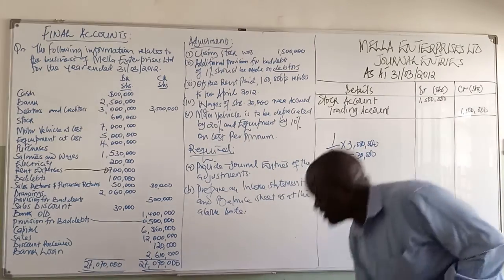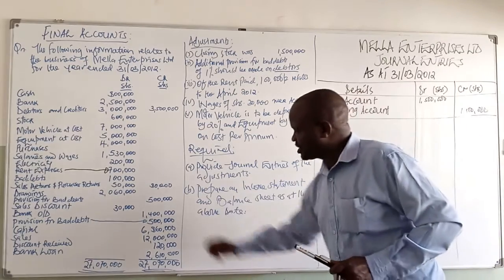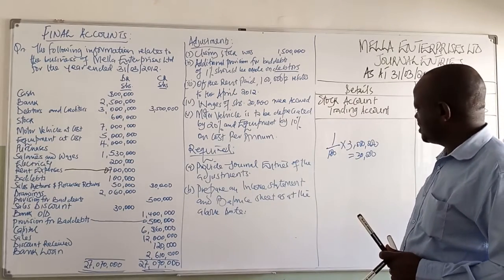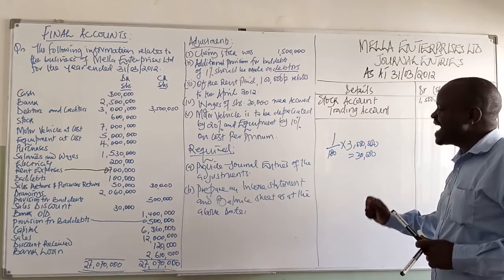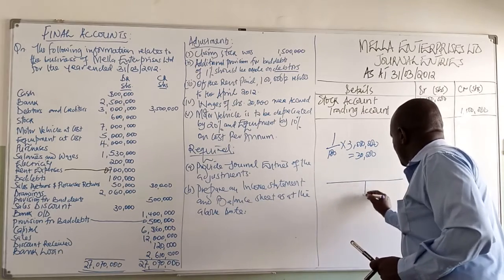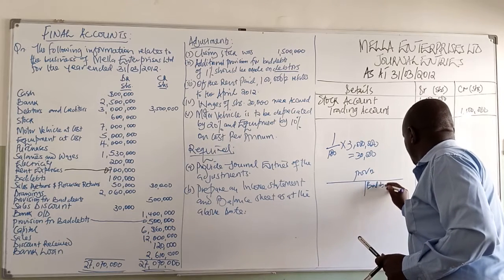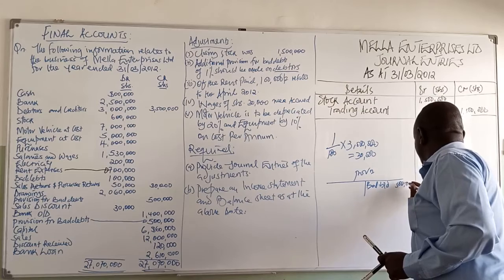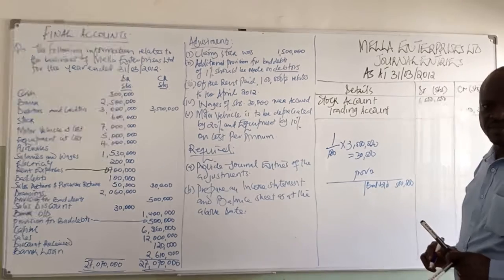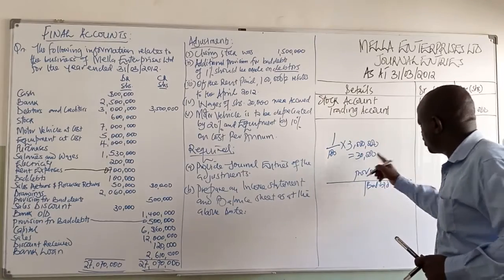And in that case, provision for bad debt being put on the credit side, it means there we shall add it. Because when you have provision for bad debt, they are telling us that balance brought down here is 500,000. Just like that. And then they say additional, we have got this.